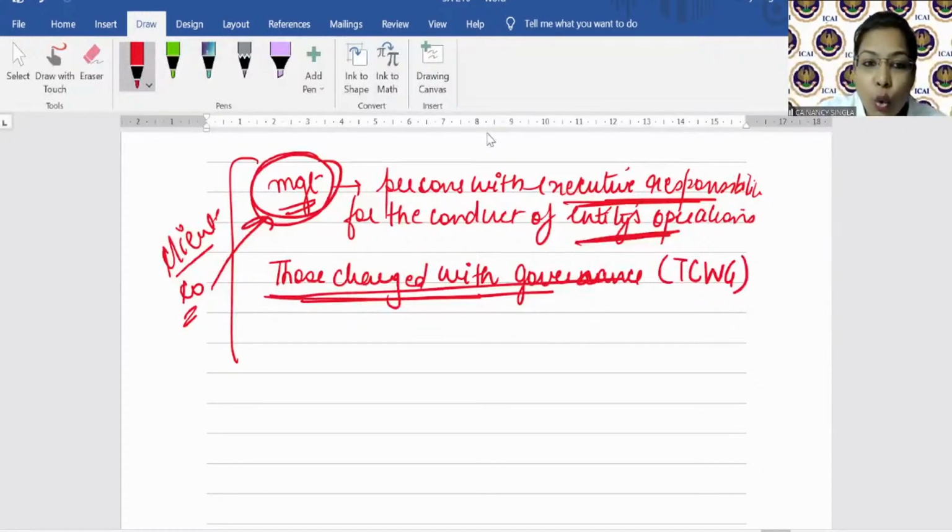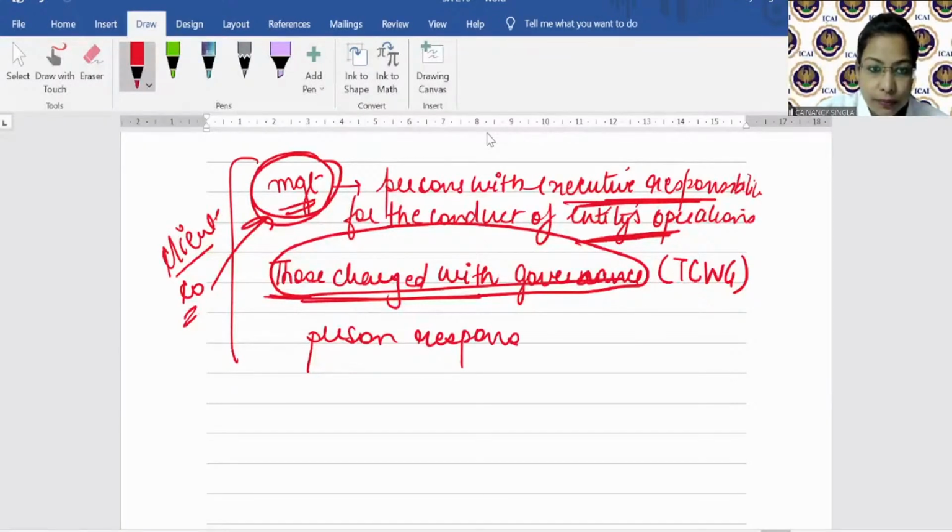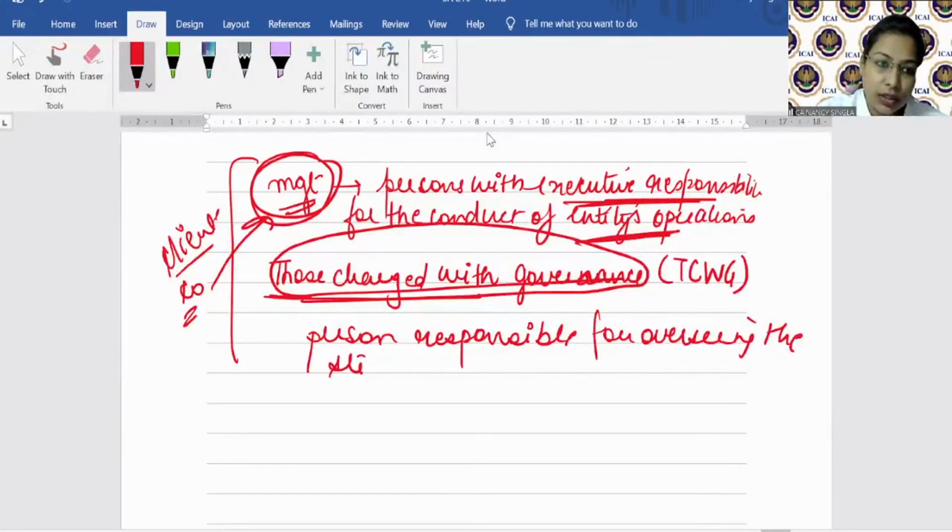And who are those charged with governance, TCWG? These are the persons responsible for overseeing the strategic direction, the direction in which the company is going to move, whether mergers and acquisitions are to be done or not.